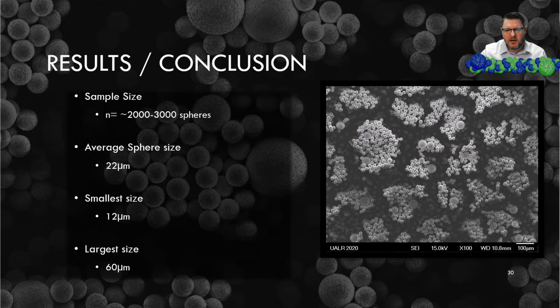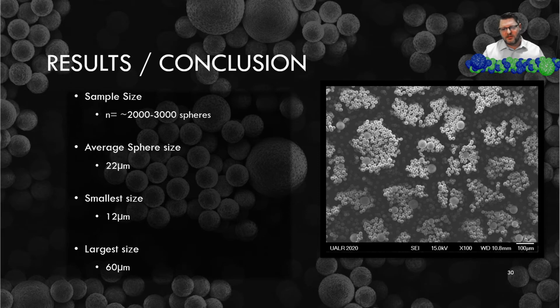And then I went through and counted, to the best of my ability, every sphere in this image here to the right. I got approximately 2,500 spheres. So I'm going to just say that there's around 2,000 to 3,000 spheres in this one image that I can see.